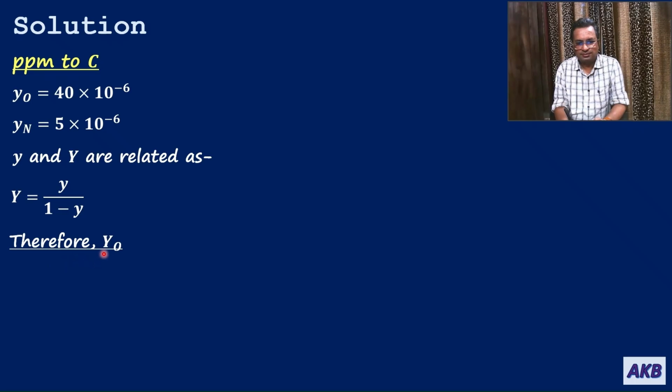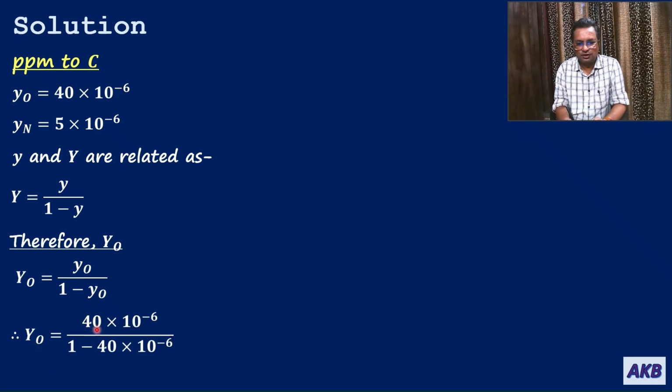Therefore capital Y0 will be small y0 upon 1 minus small y0, that is 40 into 10 to the power minus 6 divided by 1 minus 40 into 10 to the power minus 6. That gives capital Y0 as 4 into 10 to the power minus 5.